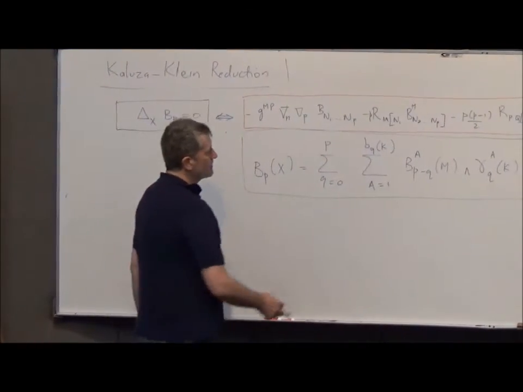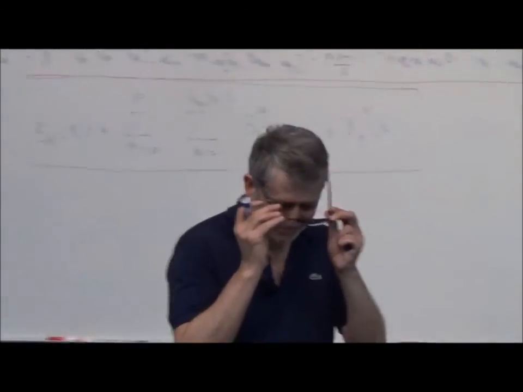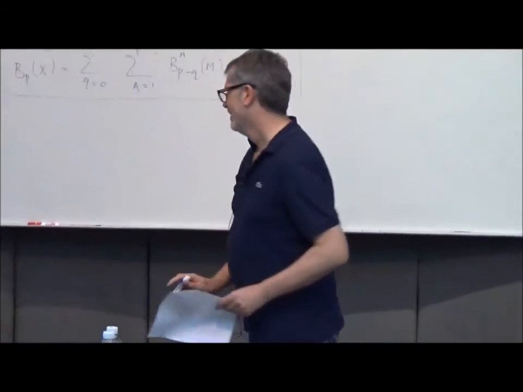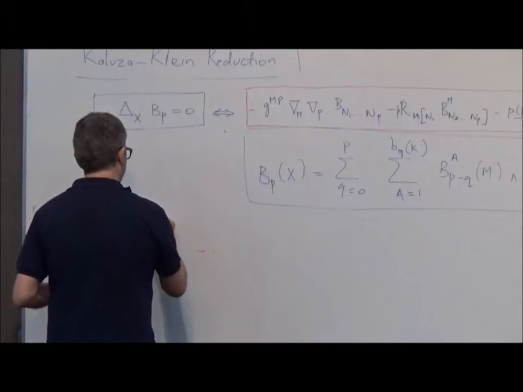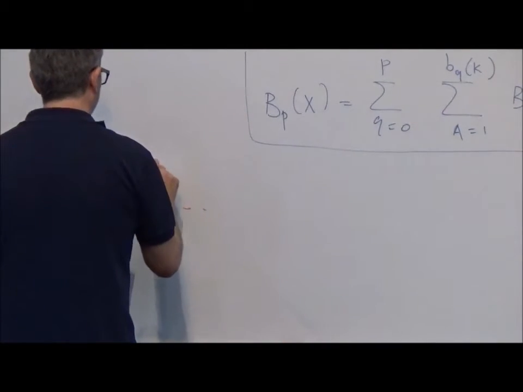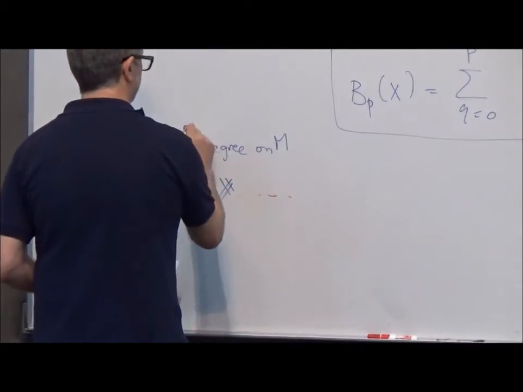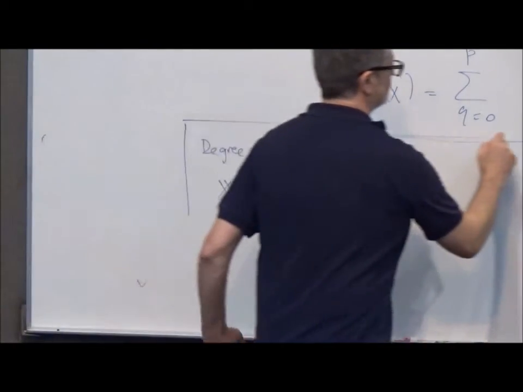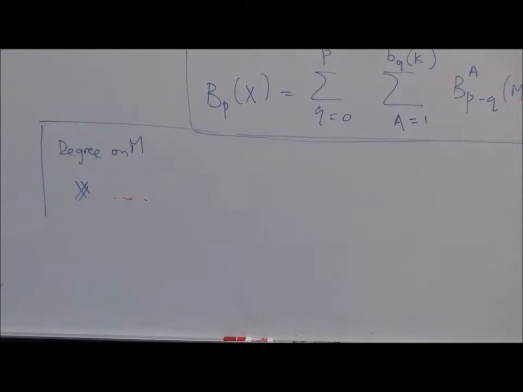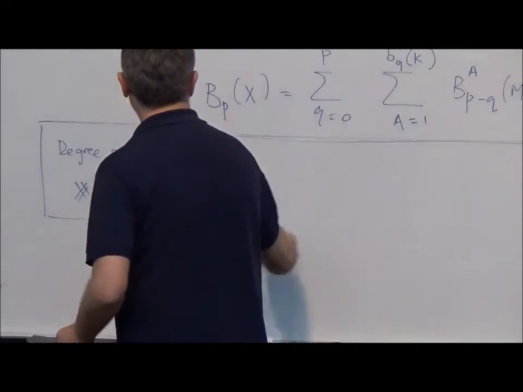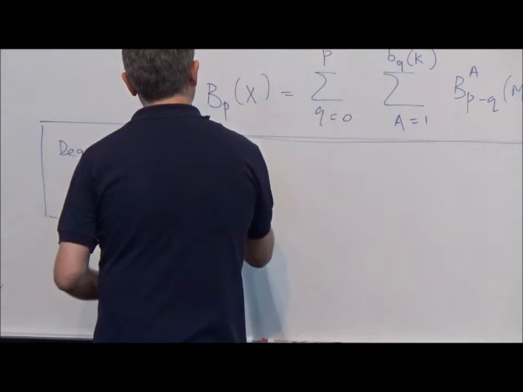The number of fields that you can have depends on the topology. Let me write this out in gory detail. So degree of a form on M and the number of them. Like that. So we have a P form.